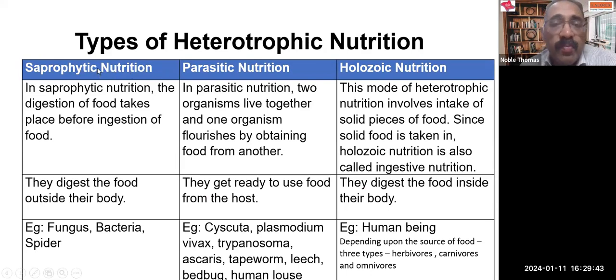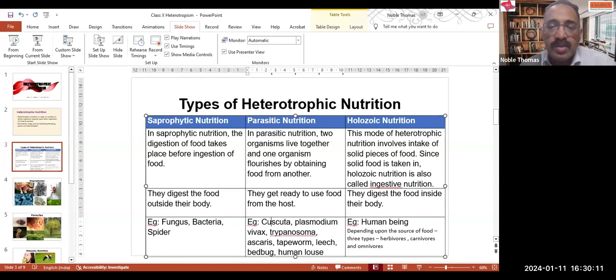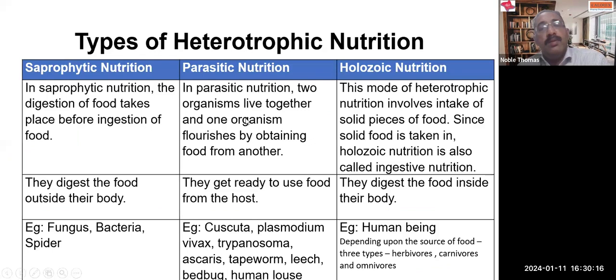Organisms may go for saprophytic, parasitic, or holozoic nutrition, but take care that it is not always compulsory that the organisms performing saprophytic or parasitic nutrition are animals. They can be plants also. For example, Cuscuta. Sorry, the spelling is printed wrong. Cuscuta is a plant, but what is its mode of nutrition?